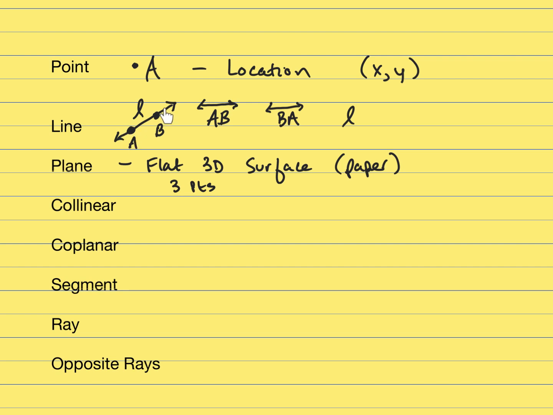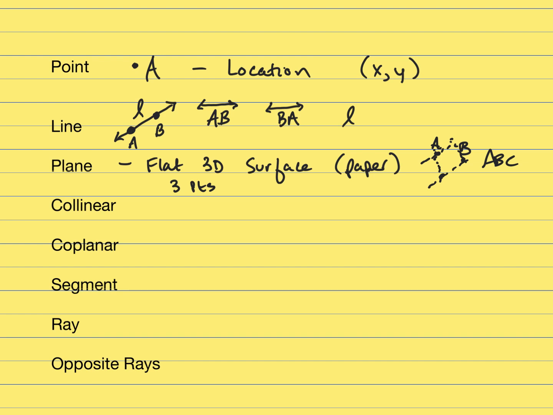Once we have 2 points, we can draw a line through them, but we need 3 points to figure out the equation of a plane. Typically we'll have points A, B, C on this plane, and we'll name it plane ABC.